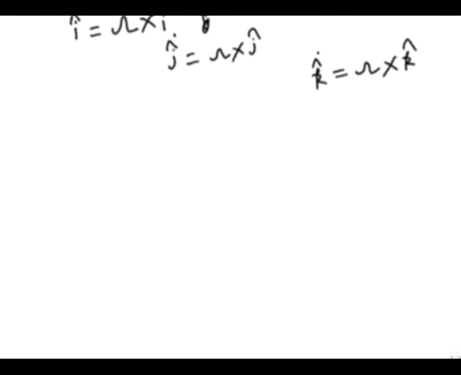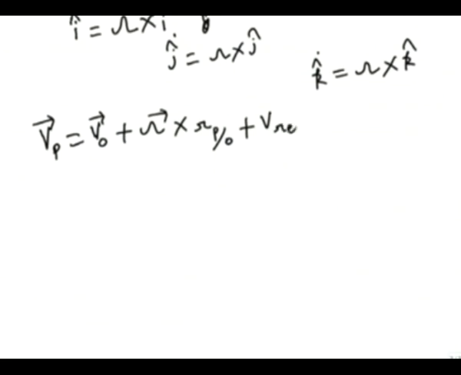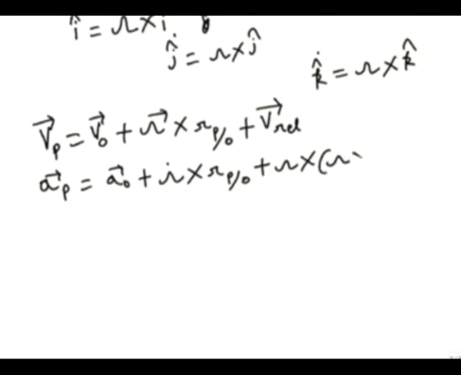Now the expressions for the velocity and acceleration of a point P on the body become Vp equal to Vo small plus omega cross Rpo plus Vrel, the relative velocity of that point, and Ap equal to Ao plus omega dot cross Rpo plus omega cross (omega cross Rpo) plus 2 omega cross Vrel plus Arel.